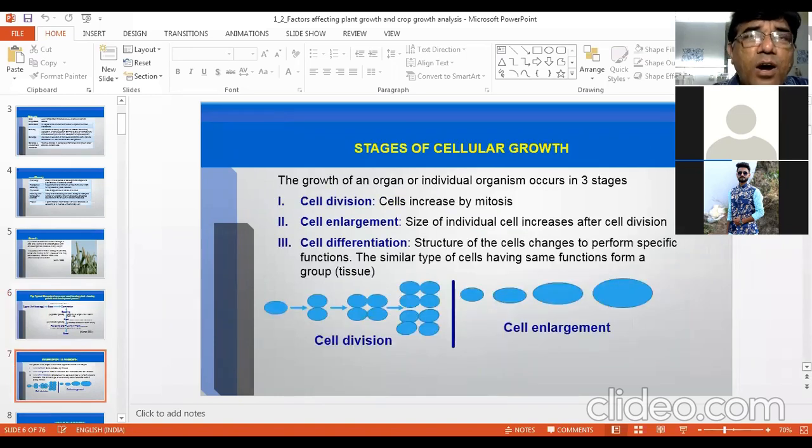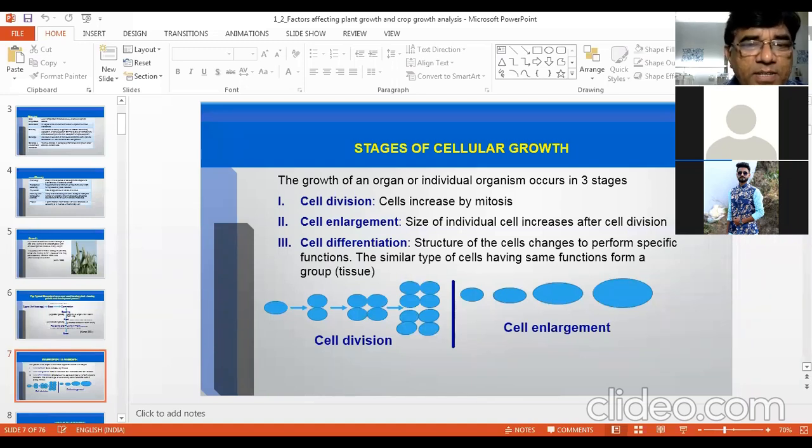Now, how does this growth happen? Growth happens at the cellular level, because what you see from outside is the result of cell division. The growth of an organ or individual organism occurs in 3 stages. Cell division, cells are divided by mitosis, you know it.